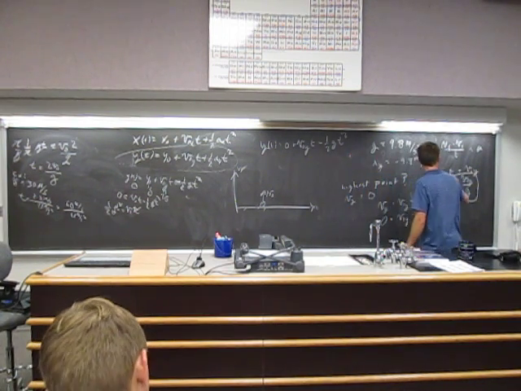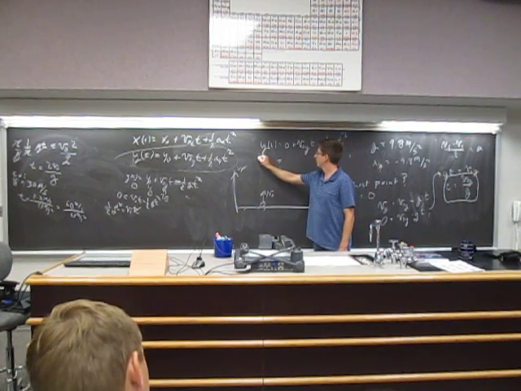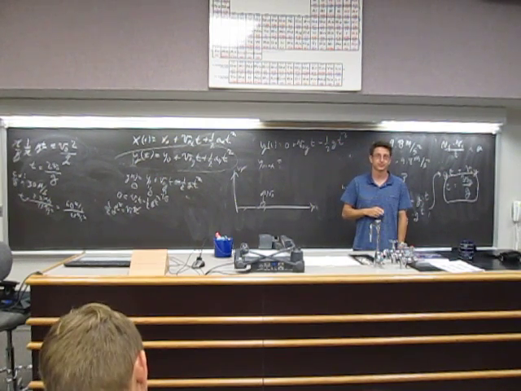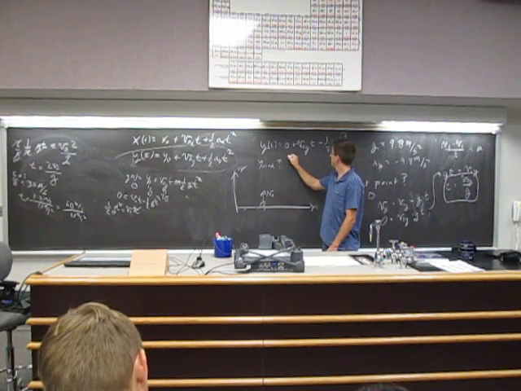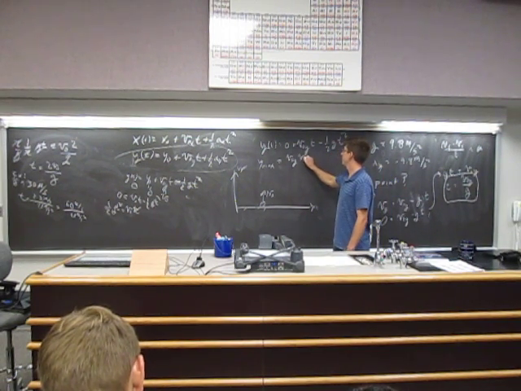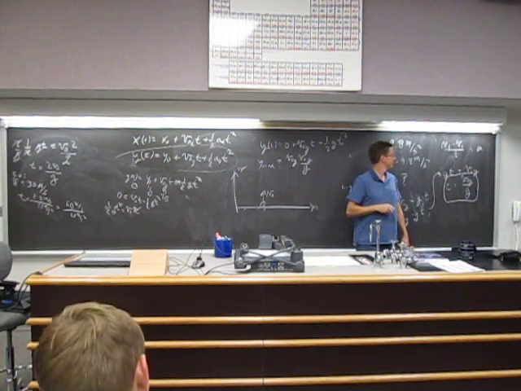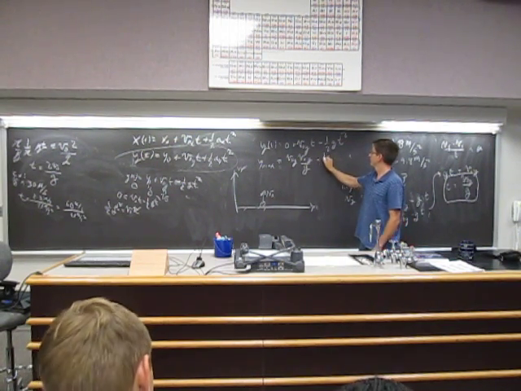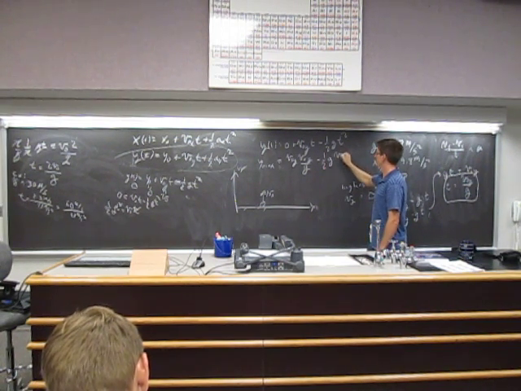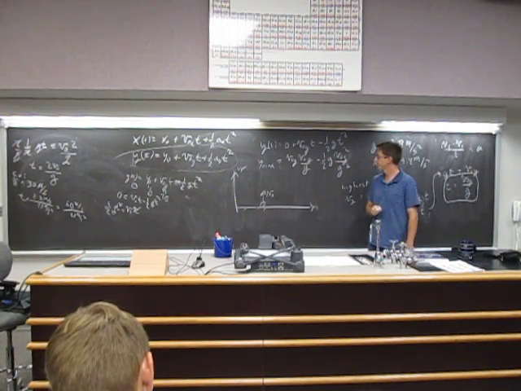So y max, the highest point it gets to, is initial velocity in the y direction times that time, which is initial velocity in the y direction divided by g, minus 1/2 g times that time squared, which is initial velocity in the y direction squared over g squared.